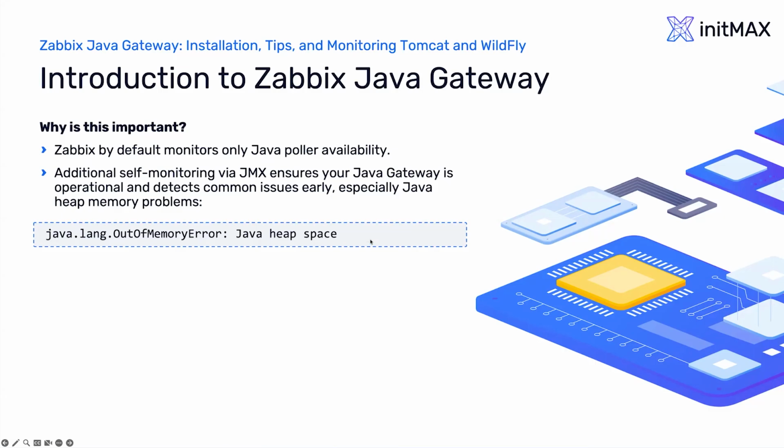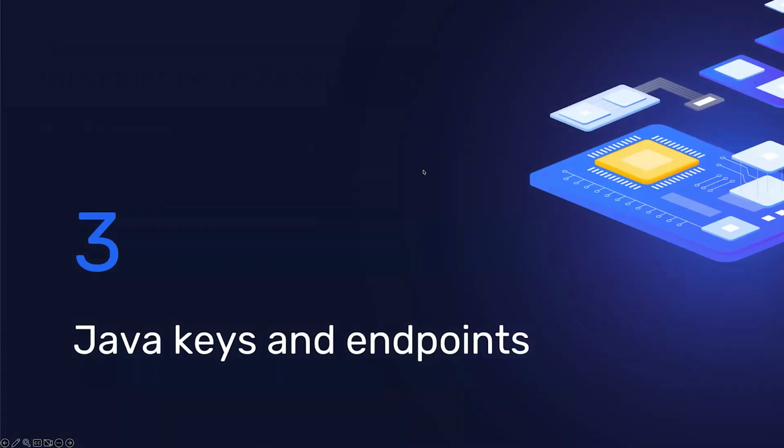So the best practice applies no matter what components you have, be it proxy, server, or Zabbix Java Gateway: you still need to make sure that you monitor it, right?